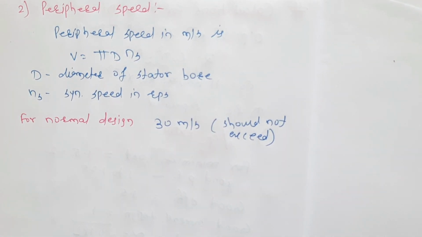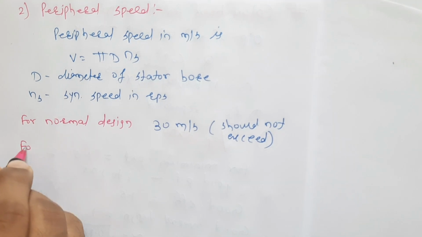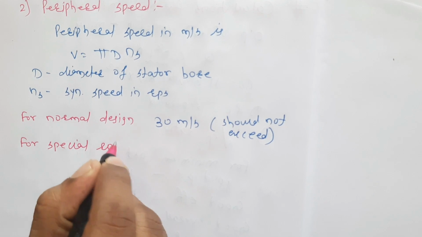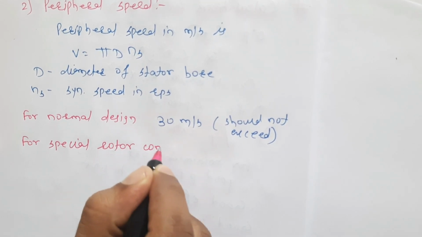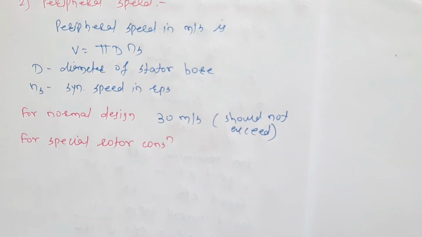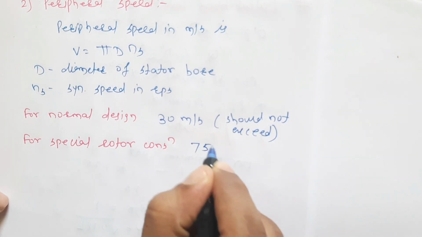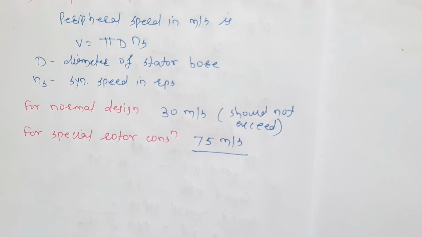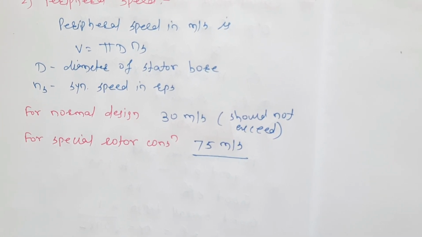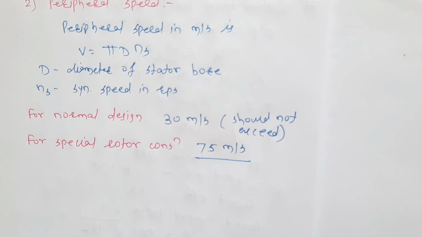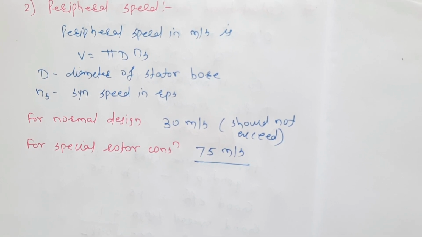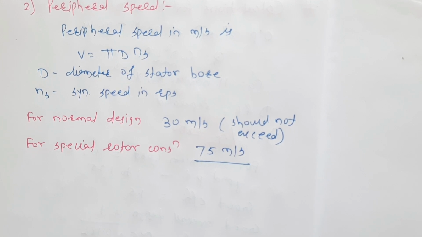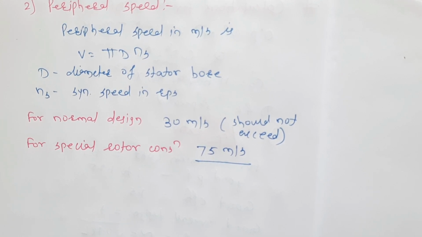And if we use a special type of rotor construction, the speed is allowed up to 75 meter per second, but this results in high cost. From this discussion, we can conclude that to separate D and L, that is the main dimensions of the machine, we require either the L by tau ratio, that is core length to pole pitch ratio, or peripheral speed. Thank you.